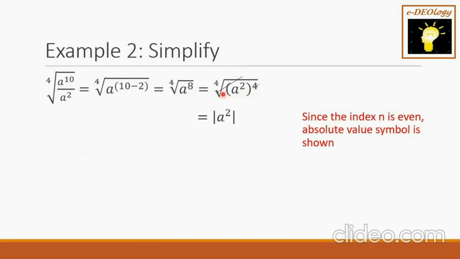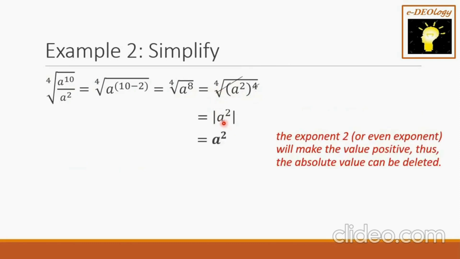So now we can cancel the radical with that index 4 along with that power 4. And the answer is this a square with the absolute value symbol. That exponent 2 will make the value always positive, so we can simply delete that absolute value symbol. So the final answer is a square.